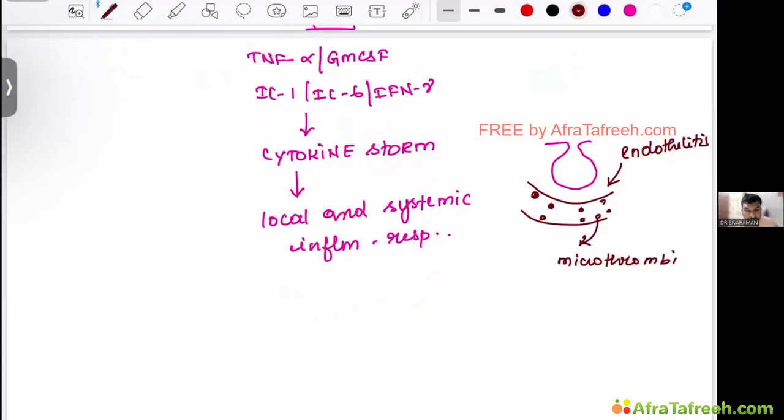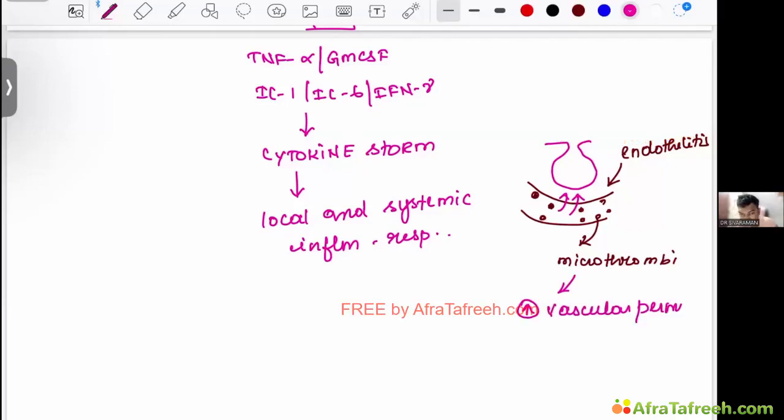This microthrombi is going to cause further damage to the alveoli, by causing release of inflammatory cells into the alveoli by increasing the vascular permeability, and this causes further damage to the alveoli.